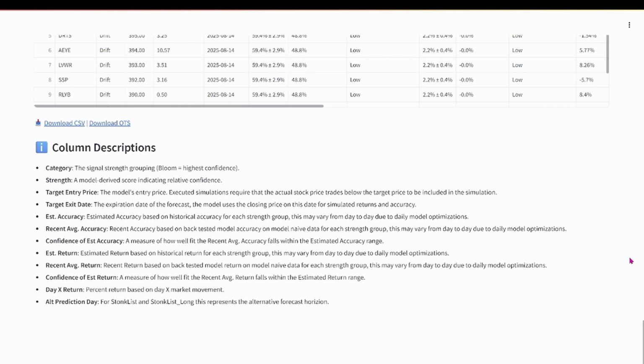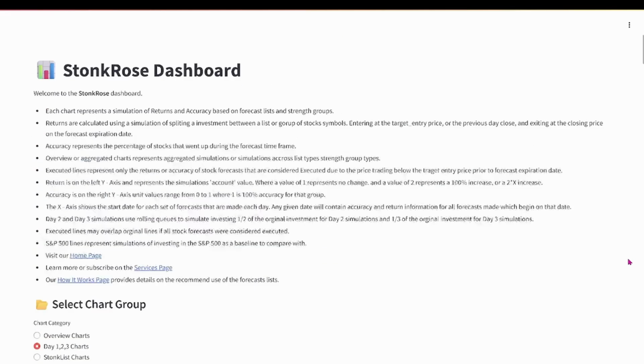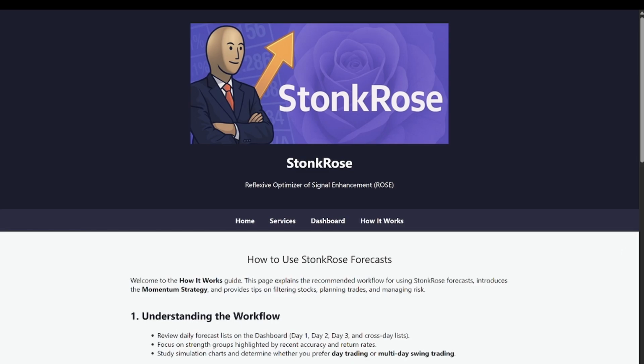Finally, let's visit the How It Works page. This page gives us a workflow for the recommended use of StonkRose forecasts.